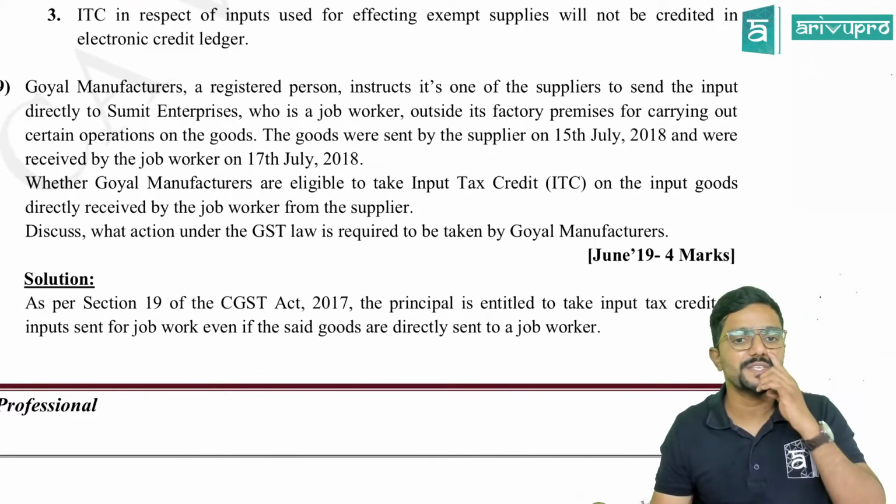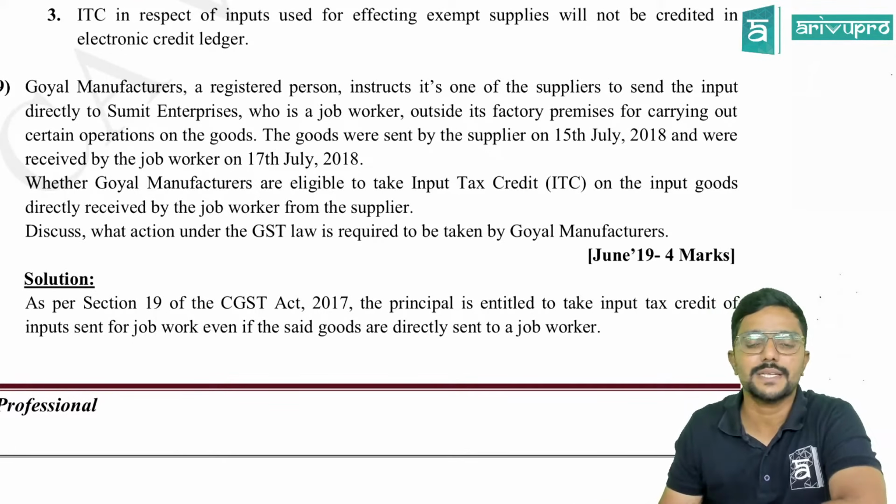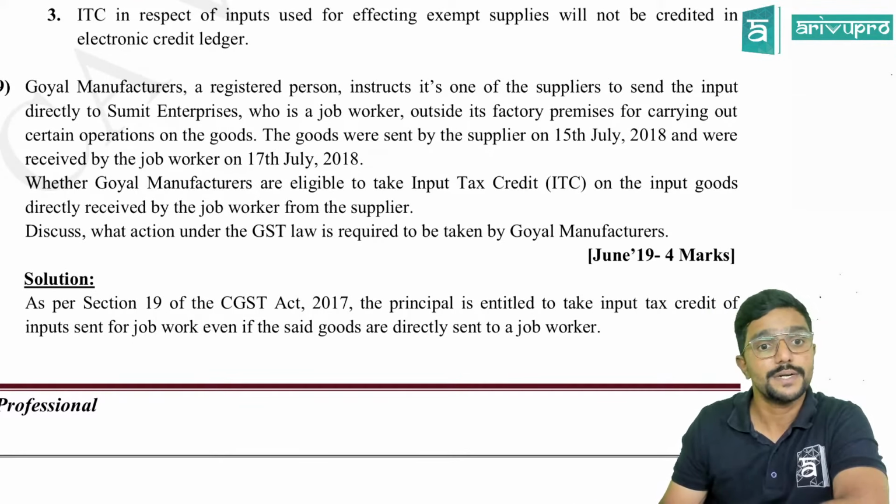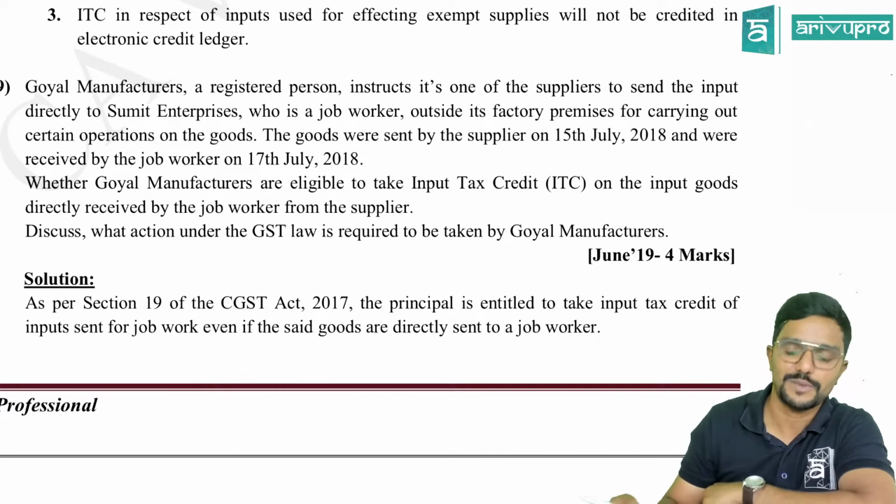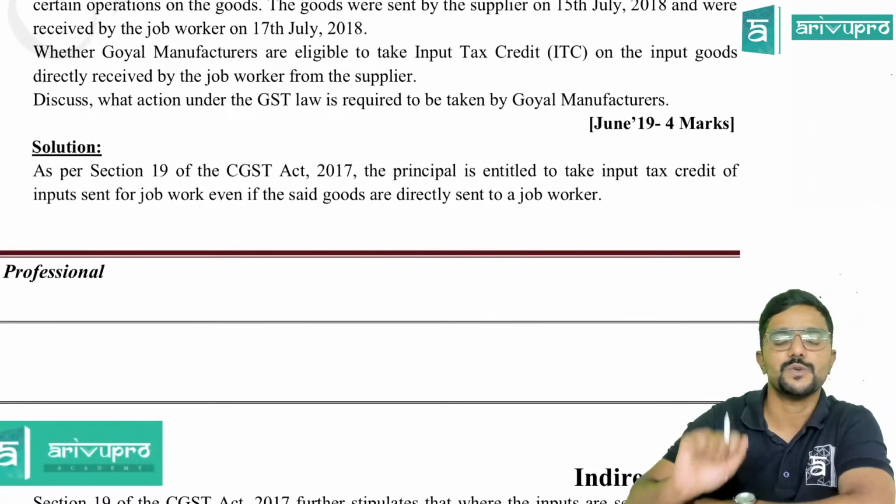Whether Goyal Manufacturers are eligible to take input tax credit on the input goods directly received by the job worker from the supplier? Yes, he can claim it. Then discuss what action under GST law is required to be taken by Goyal Manufacturers. So it was asked in the June 2019 exam for 4 marks, guys. Let us see the solution.